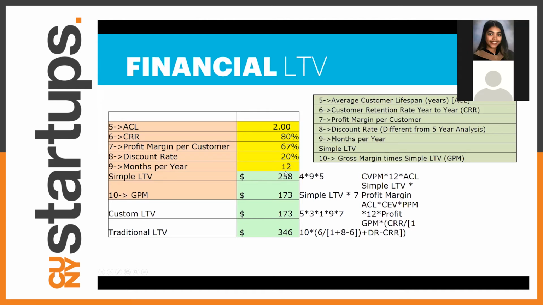That's generally the LTV a lot of people talk about when somebody asks you that. And then there are these other ones that produce a low and then a traditional lifetime value, which is a long equation. So when somebody asks you lifetime value, you can use the simple one, 258, which is very easy to get at. Or you could say it ranges from 173 to 346, depending on the formula you use, right?